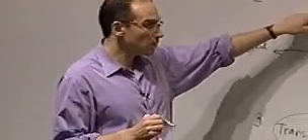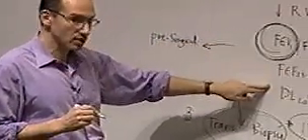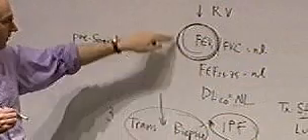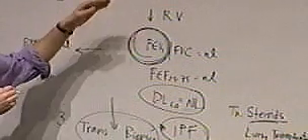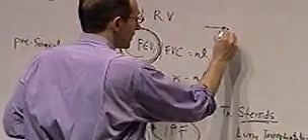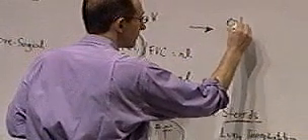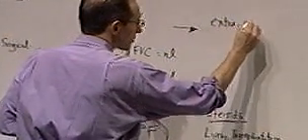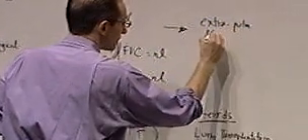An abnormal restriction, a restrictive pattern with a normal DLCO. The most common reason this occurs, and this is the most common abnormality we see out of everything, is extrapulmonary restriction.